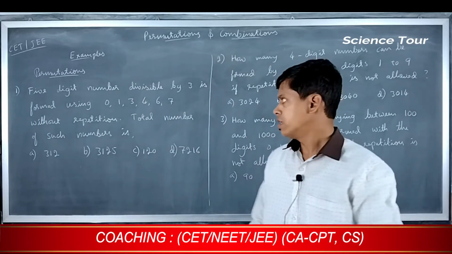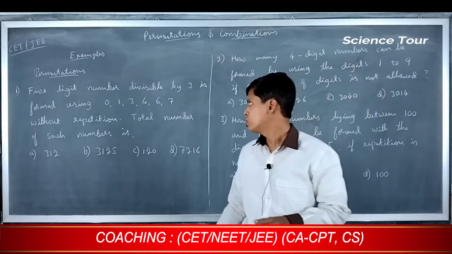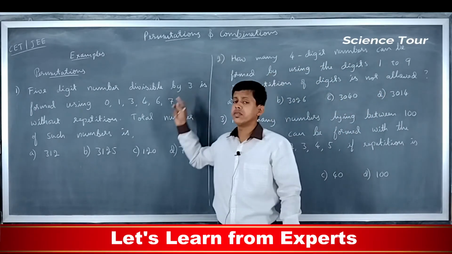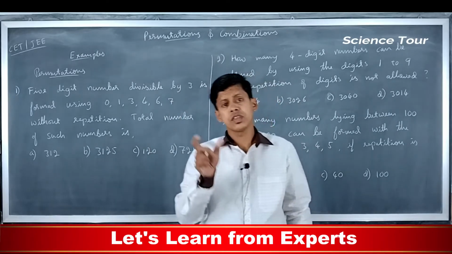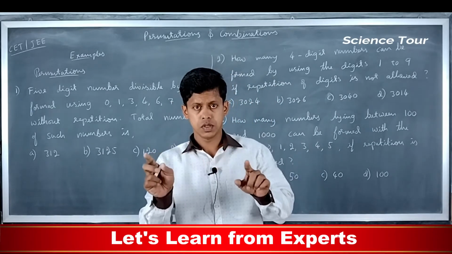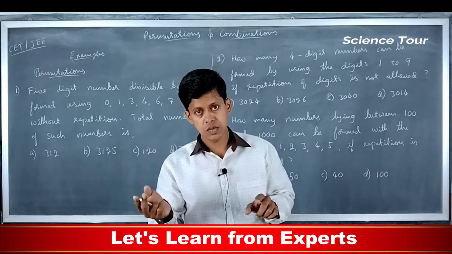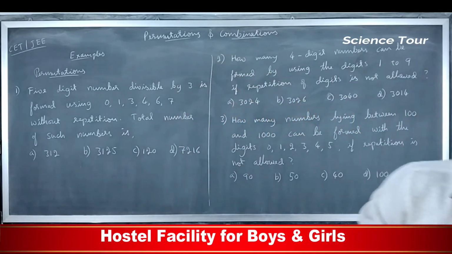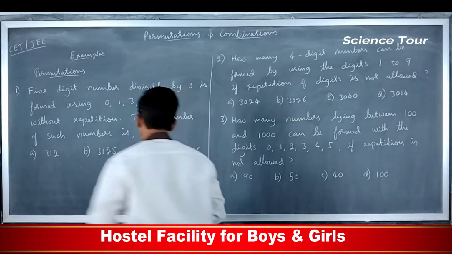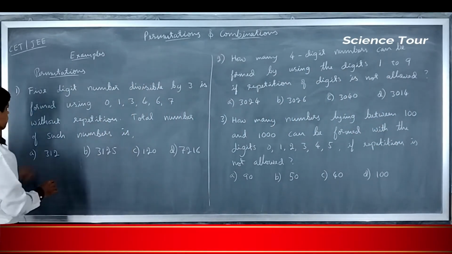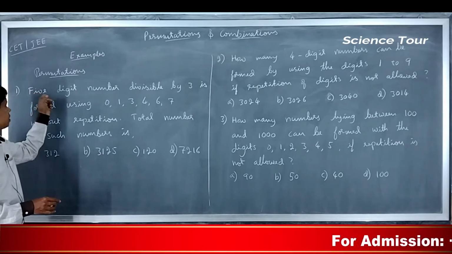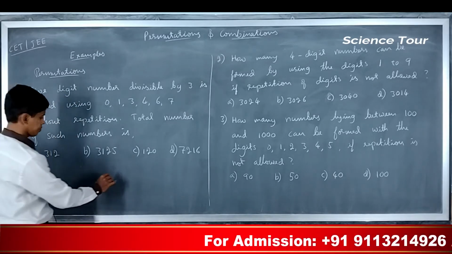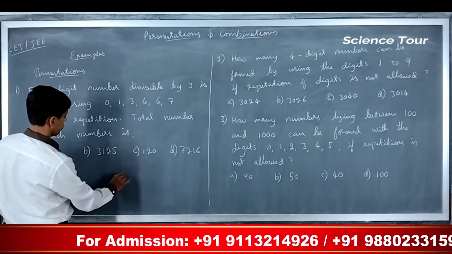So let us understand, when do you get a number divisible by 3? If the sum of the digits is divisible by 3, then the full number is divisible by 3. For example, you take, let us say, 12, okay.